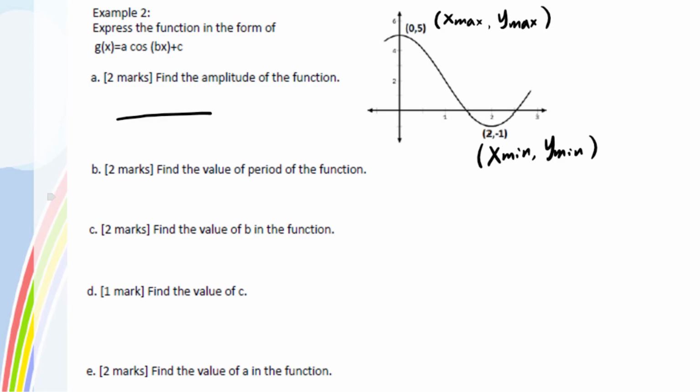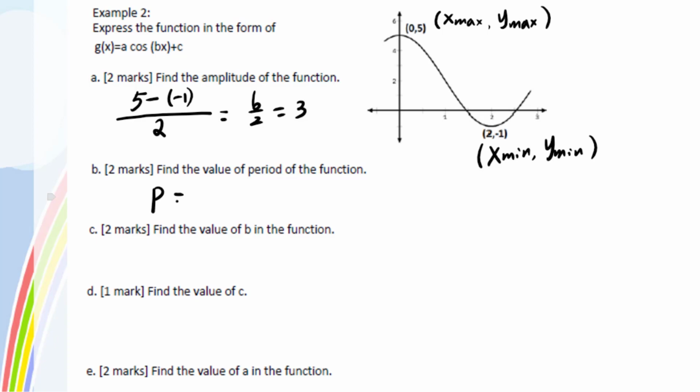Y maximum is 5 minus y minimum is -1, then over 2 equals 6 over 2 equals 3. Find the value of a period of the function.